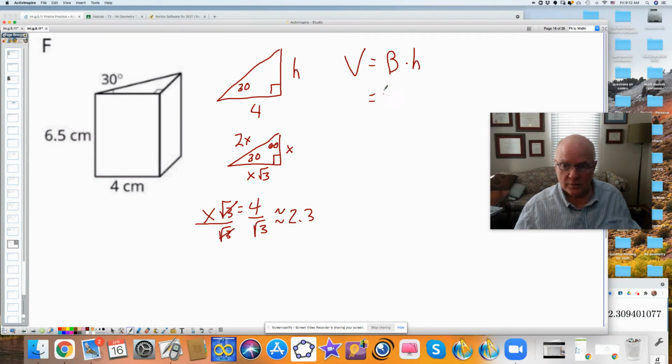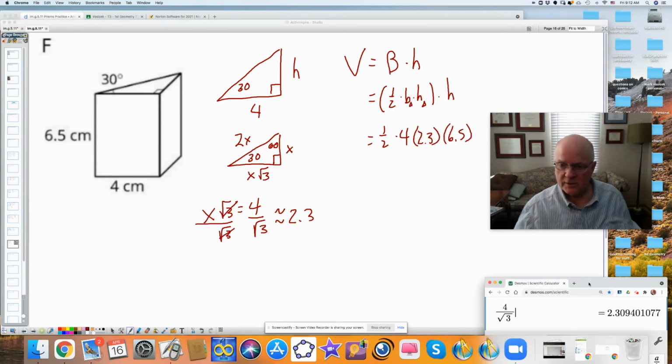And this is a triangular base, so it's going to be 1/2 times the base of the triangle times the height of the triangle times the height of the prism. We have 1/2 times 4 times 2.3 times 6.5.